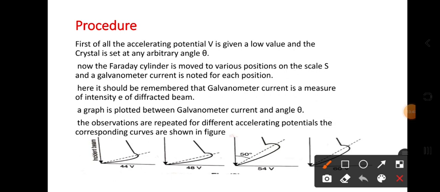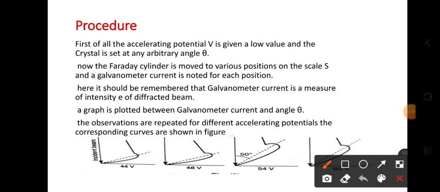The next point is, here it should be remembered that galvanometer current is a measure of the intensity of the diffracted beam. So what we have to note is that galvanometer current indicates the intensity of the diffracted beam.